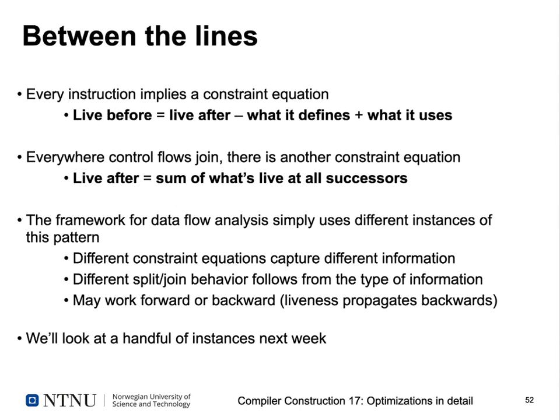So here with our liveness analysis, we've shown you one application of this relatively simple approach to do static analysis, but we have many more applications, and this is what we'll cover in the upcoming lectures. So we look at a handful of different instances of applying this pattern in our next lecture.